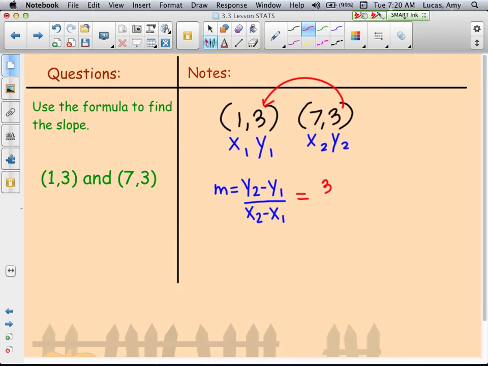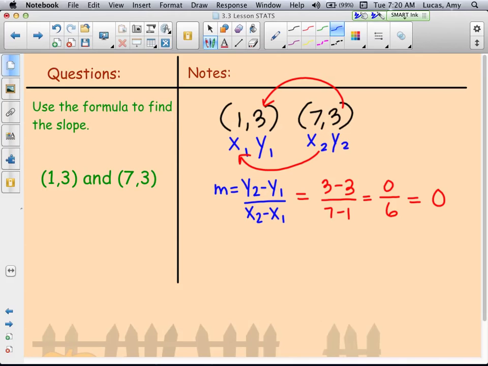So 3 minus 3. And on the bottom, subtract your x's. 7 minus 1. 3 minus 3 is 0. 0 divided by 6 is 0. When 0 is in the numerator, 0 divided by anything is 0. If in doubt, you could graph this one, or you could use a calculator.